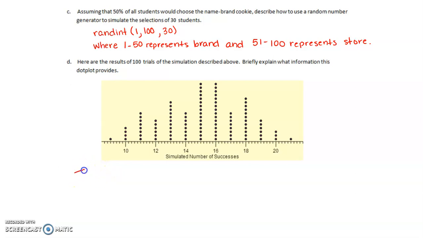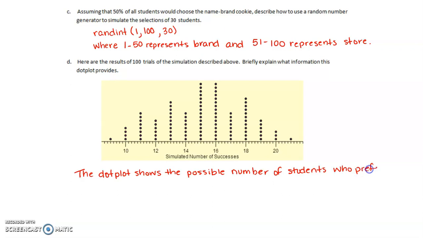So you would say the dot plot shows the possible number of students who prefer name brand, given that 50% prefer name brand.